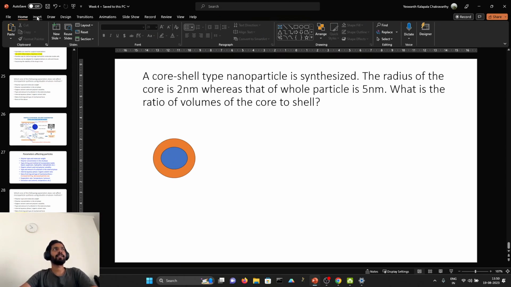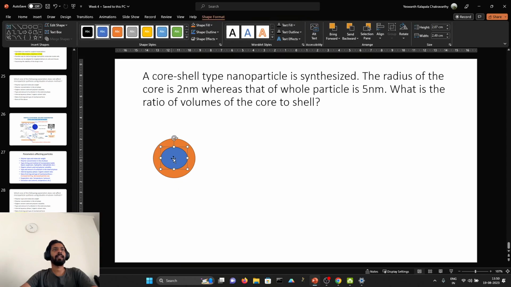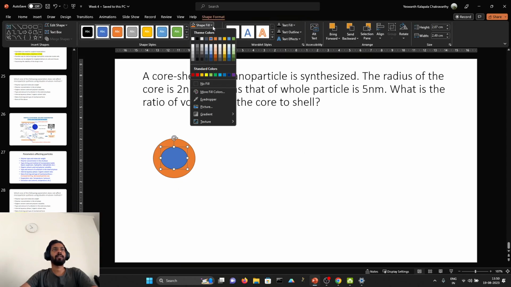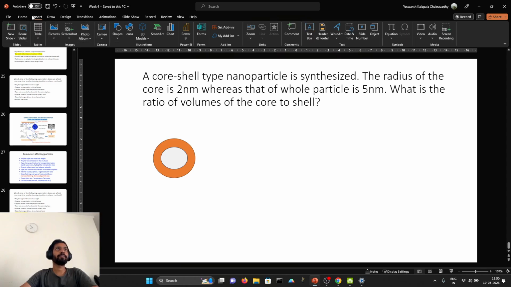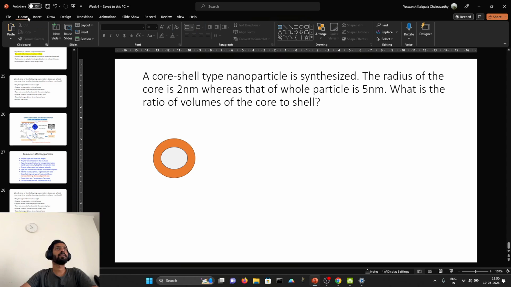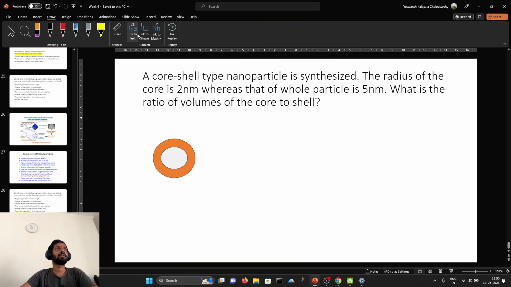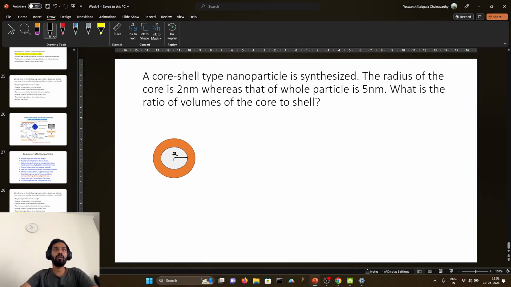So this is a core-shell nanoparticle. Now what they're saying is the radius of the core is 2 nanometers, so this is 2 nanometers. And that of the whole particle is 5 nanometers, so this is 5 nanometers.